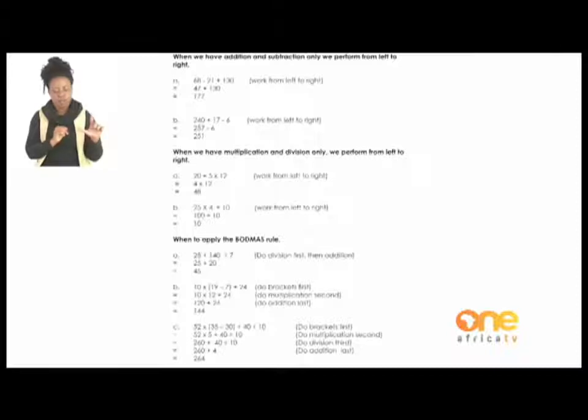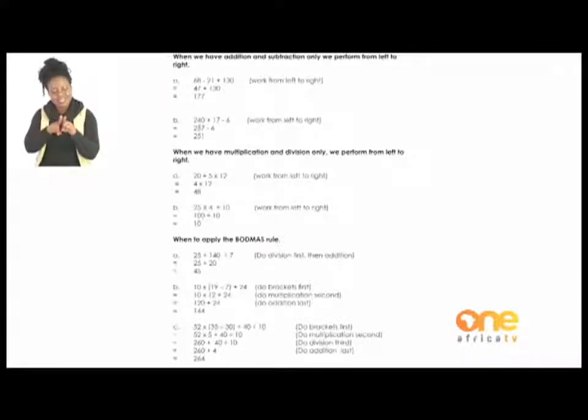We do the multiplication first. 25 times 4 equals 100, divided by 10. Now we do the division part and we say 100 divided by 10 equals 10. So this is when we only have multiplication and only have division.